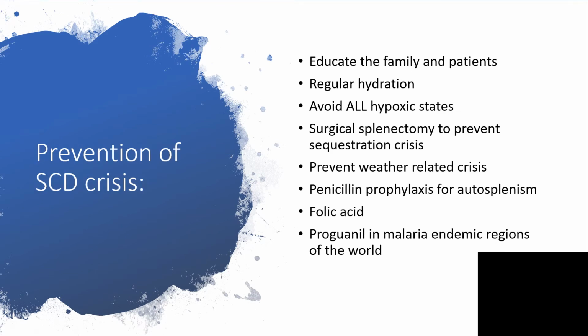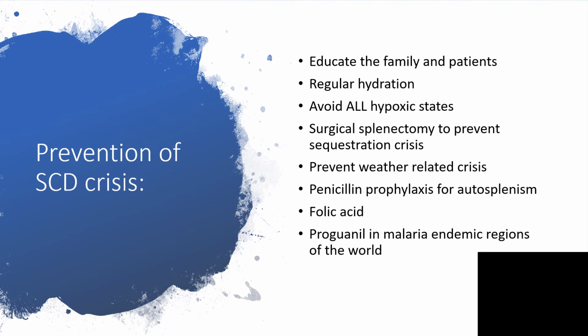We have to educate the family and the patient that, okay, this is a big problem. We are in for a long haul. Then, how they came about it, go over the genetic inheritance and everything so that the affected child will not grow to have affected children as well.